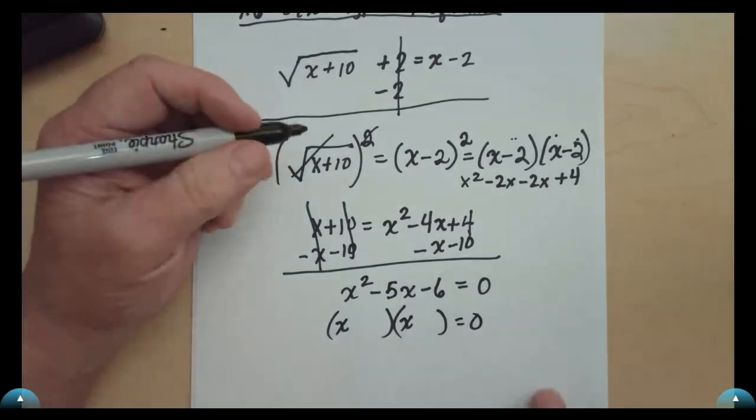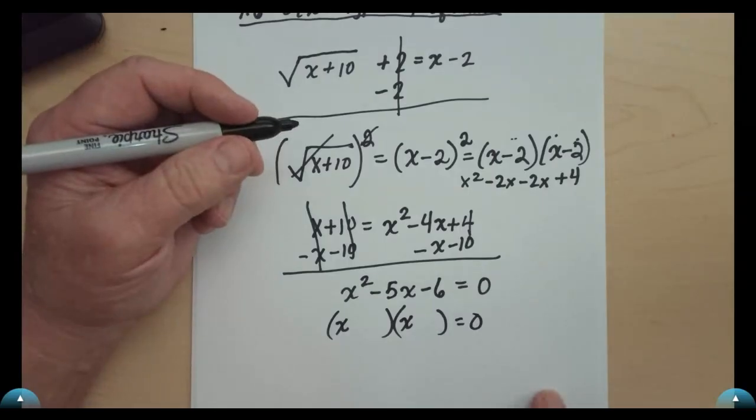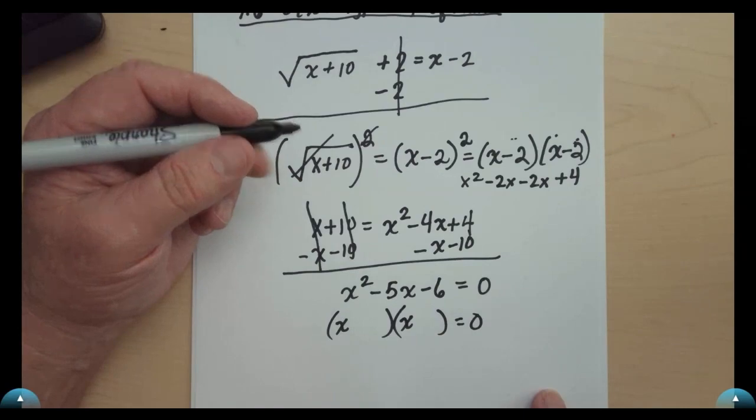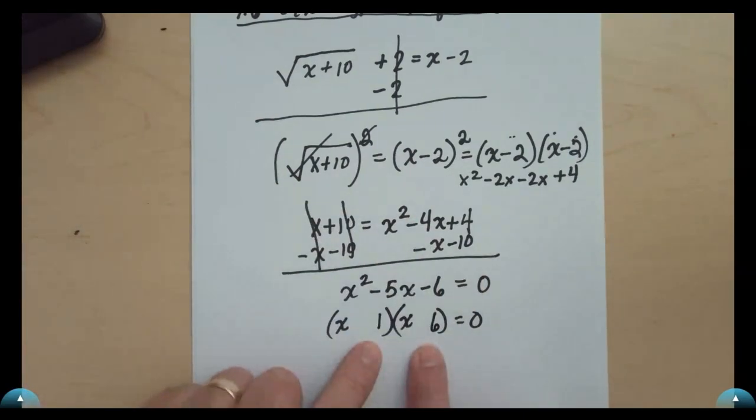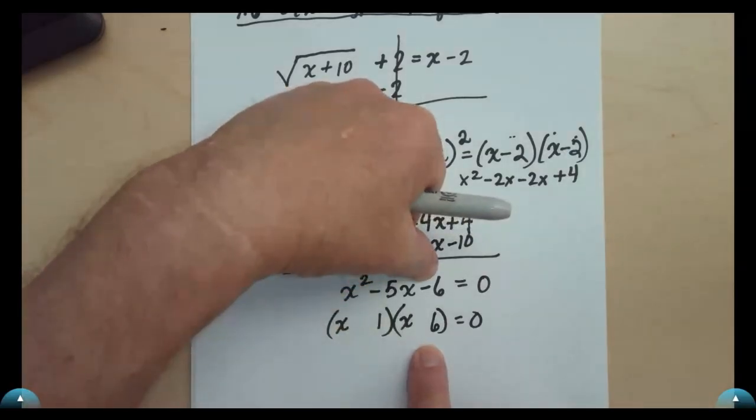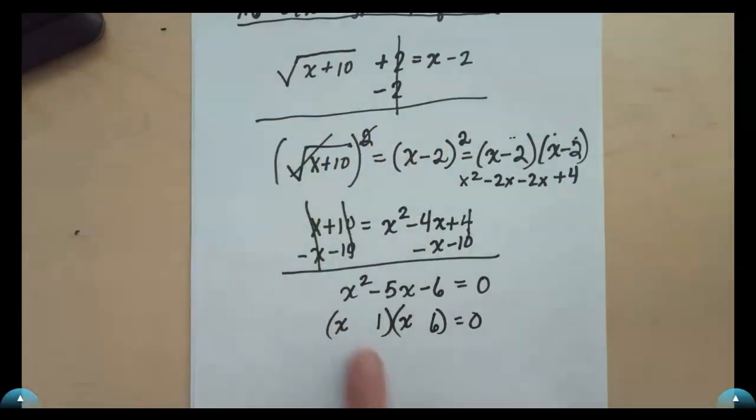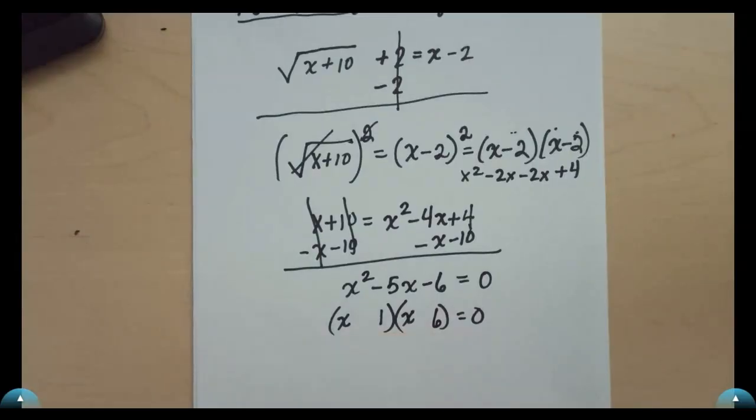Which is which? I agree the numbers are 1 and 6, but they have to have opposite signs because they multiply to be negative 6. Which one of these should get the negative sign?